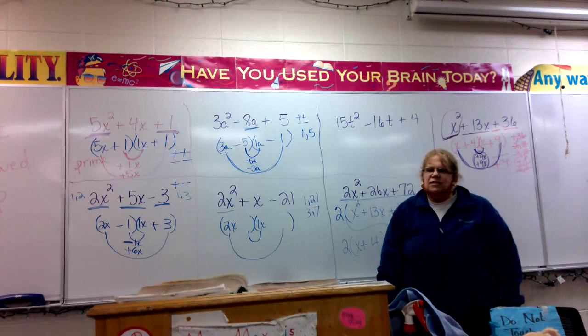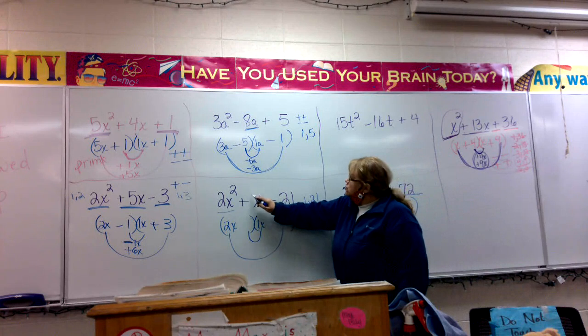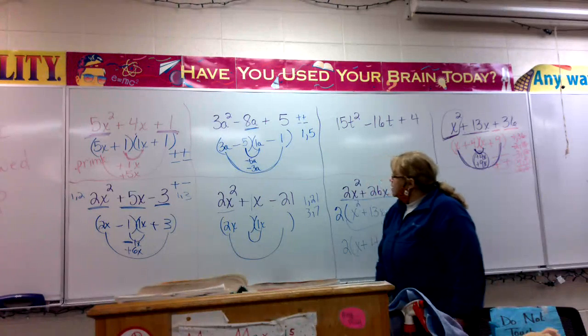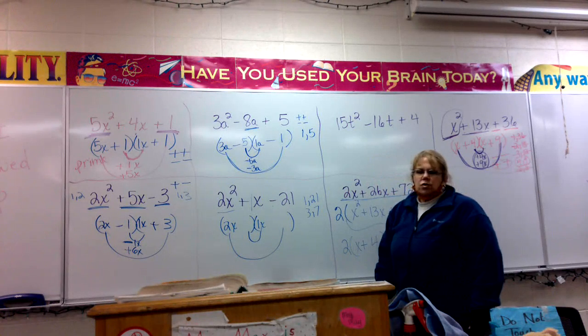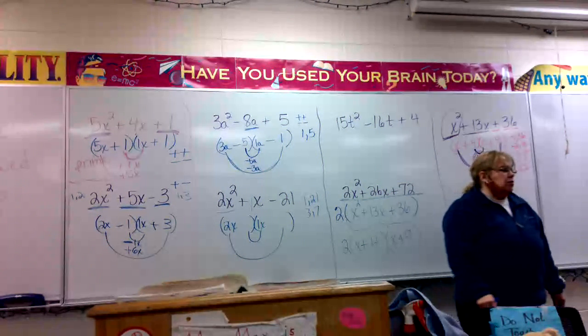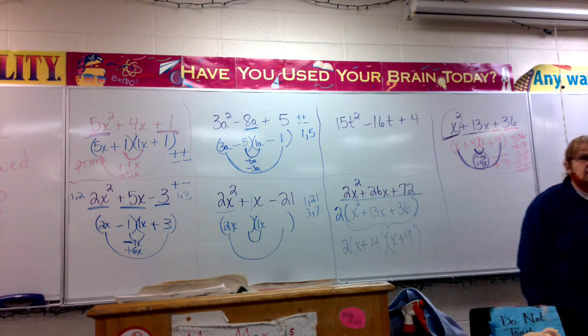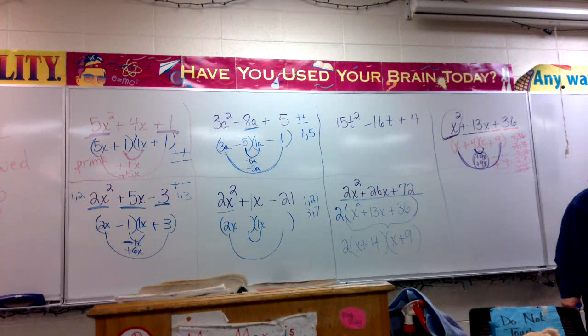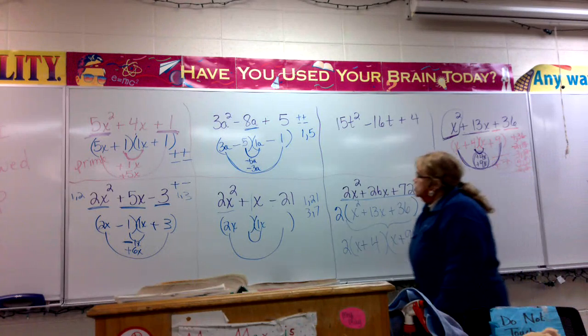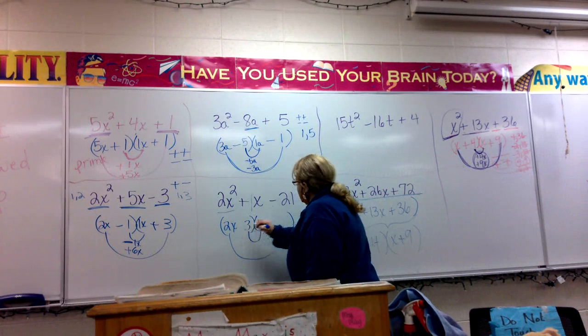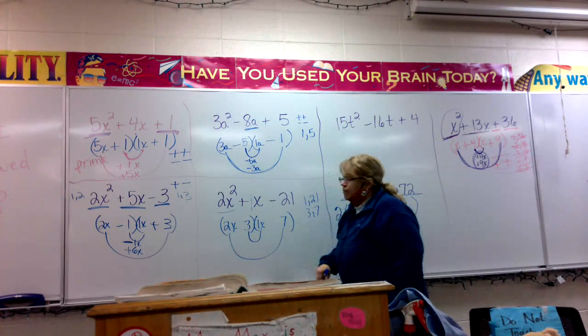I need the combination that's going to subtract to a 1. Remember, there's a 1 there. So what do you think? Should we start with 1 and 21? No, she says start with 3 and 7. Anybody agree with her? Good. So start with 3 and 7.